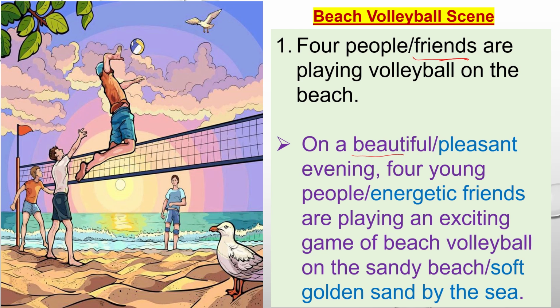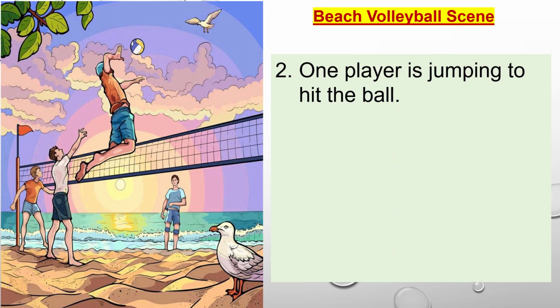On a beautiful or pleasant evening, 4 young people, or we can say 4 energetic friends, are playing an exciting game of beach volleyball on the sandy beach, or we can say on the soft golden sand by the sea. Now you can see how I have changed this sentence by adding the adjectives, who, where, and when using sensory details.